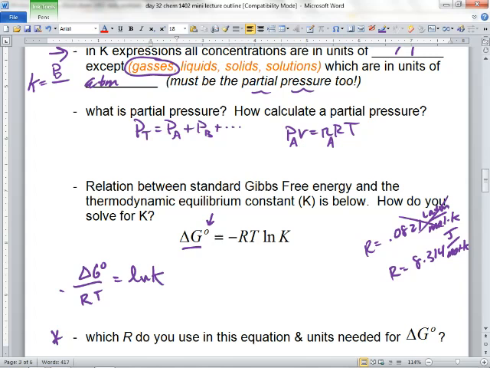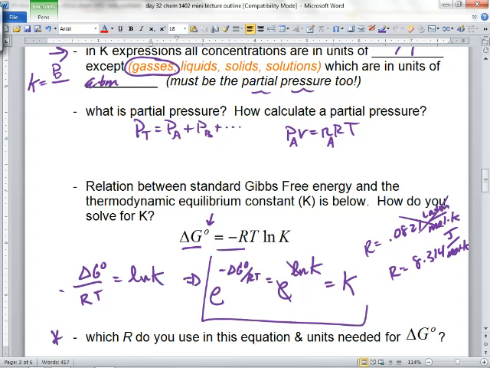Raise both sides to little e. So it's going to look like this: little e to the negative delta G0 over RT equals little e to the ln K. Since little e and ln are inverse functions, they're gone. That's how we get our K. So K is e raised to the negative delta G0 over RT.